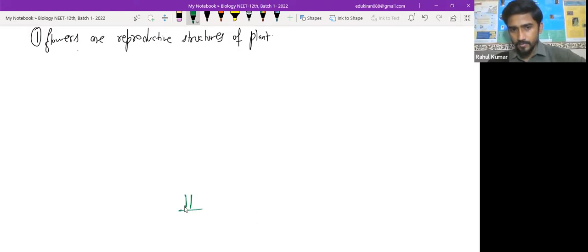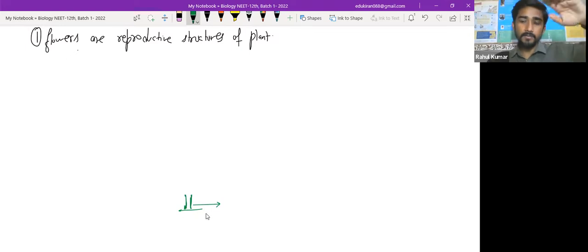It is attached with this structure, which is called, what do we call this structure? Starting the flower upside down, from down to up, from its attachment to the branch, it's called the receptacle.